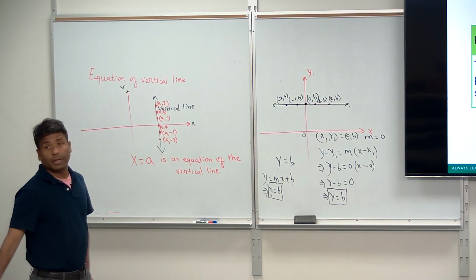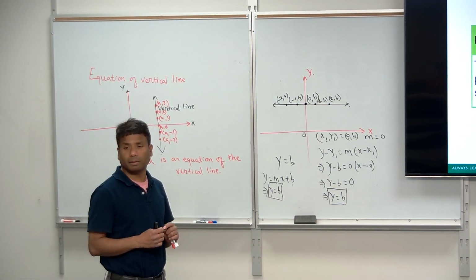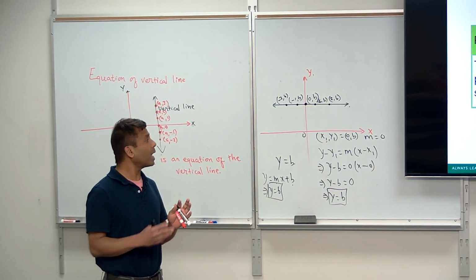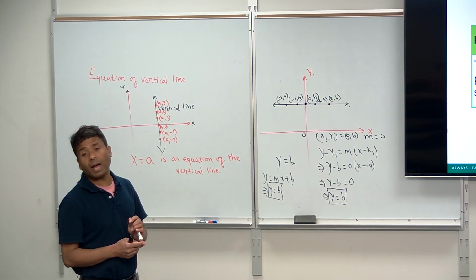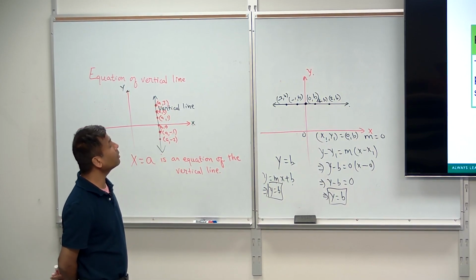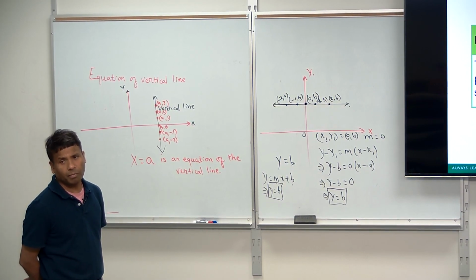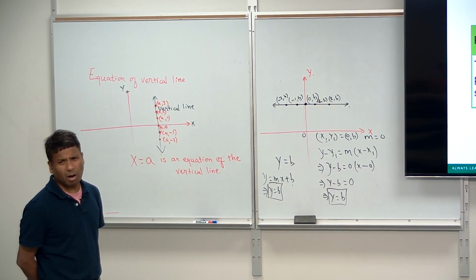Now, if you have two distinct non-vertical lines, they are parallel if and only if they have the same slope. You know parallel lines, right?